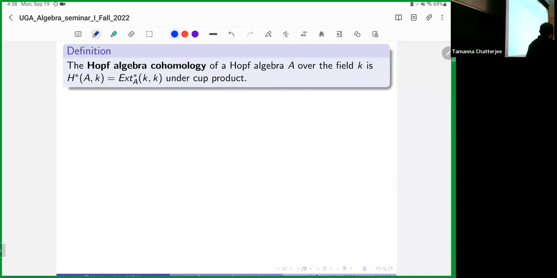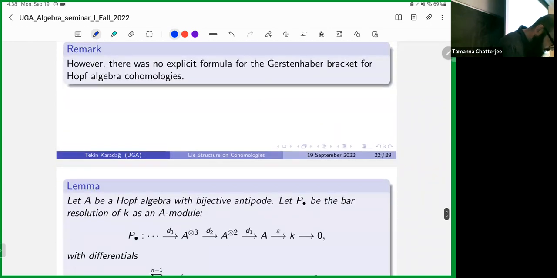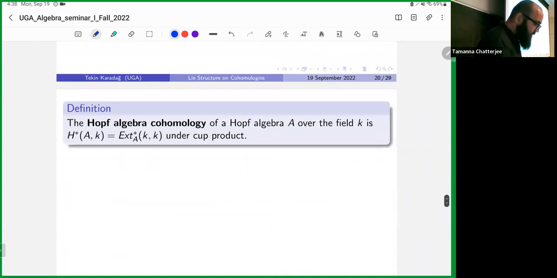So how do we define Hochschild cohomology? We take this resolution and then find the cohomology on it, and it gives us the Hochschild cohomology.